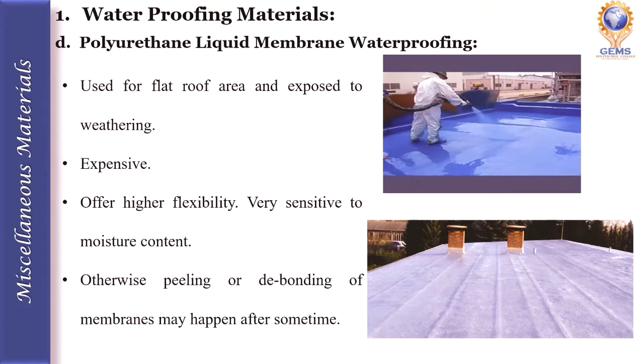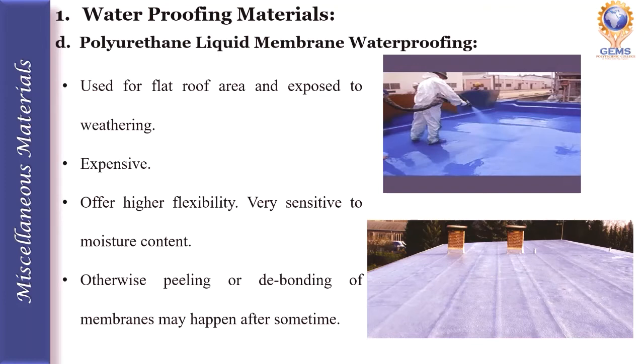The next material is polyurethane liquid membrane waterproofing. This method of waterproofing is used for flat roof areas and any surface exposed to weathering. This type of waterproofing is very expensive.